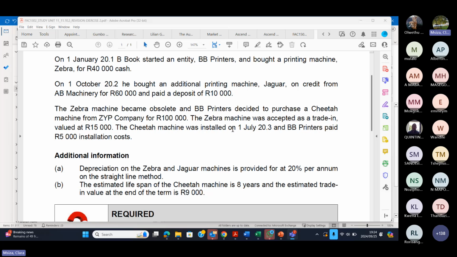So let's try to calculate for the Zebra machine. At least let's get what is our profit. What is your accumulated depreciation? What is your carrying amount on the date of sale? So when did they dispose this machinery? 1 January 20.3. Am I correct? So let's see, post it there on the chat.